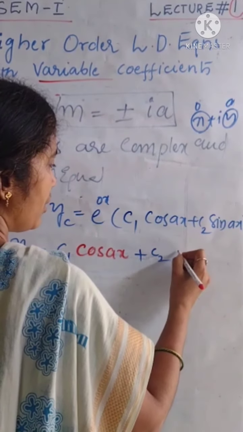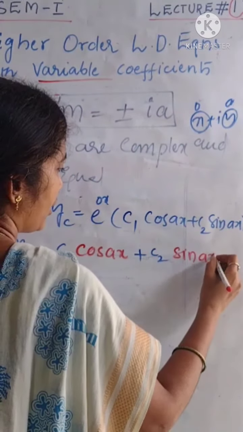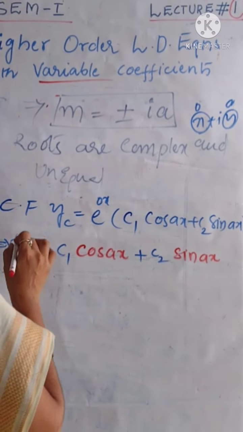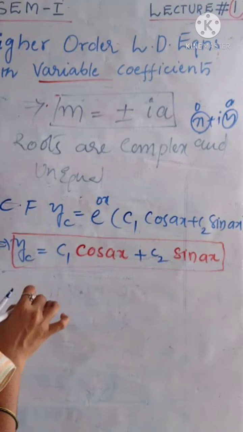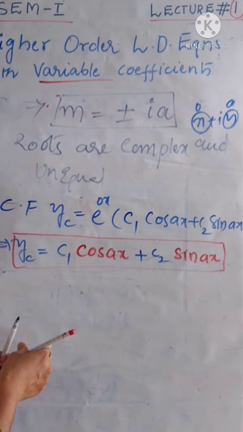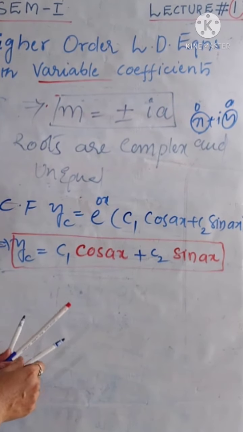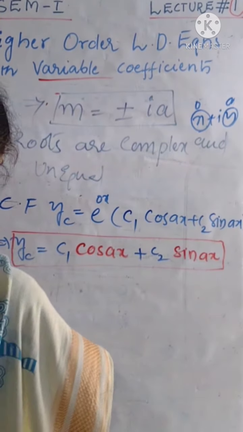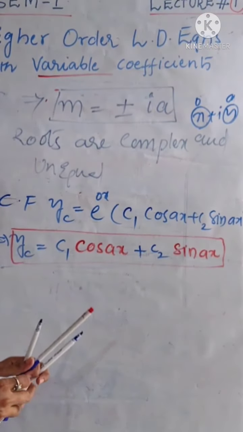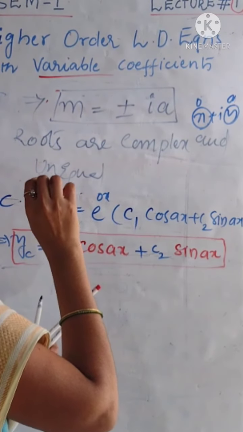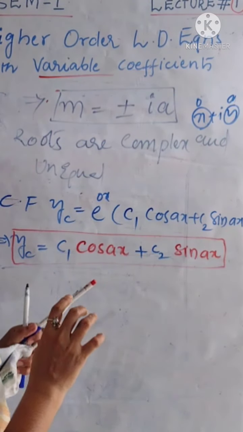This is the complementary function yc for the given problem. If you have the knowledge of finding yc, then only we can find the particular integral for this problem by using this method.